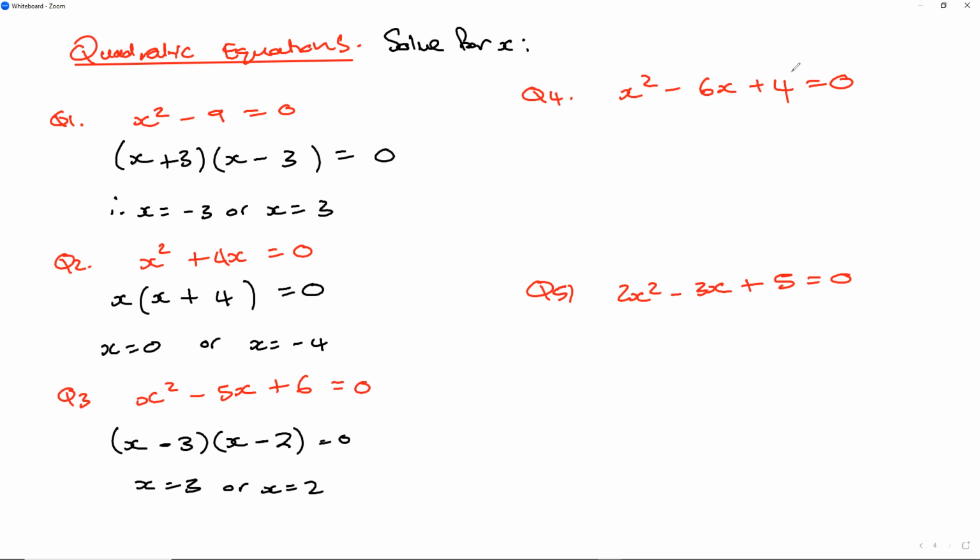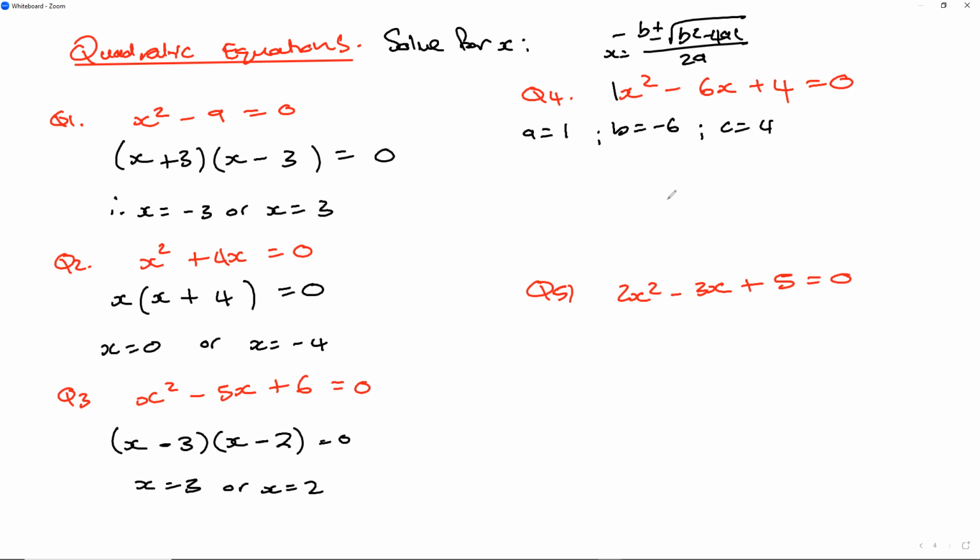For the next one, it doesn't seem like I could factorize this because there's no two numbers that can multiply to get 4, but at the same time subtract or add to get -6. I would jump into the quadratic formula for this one. Maybe just write it down and have it ready. So I can see my a value is equal to 1, my b value equals -6, my c value equals 4.